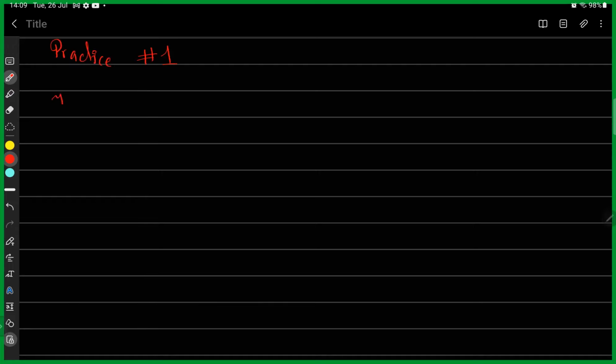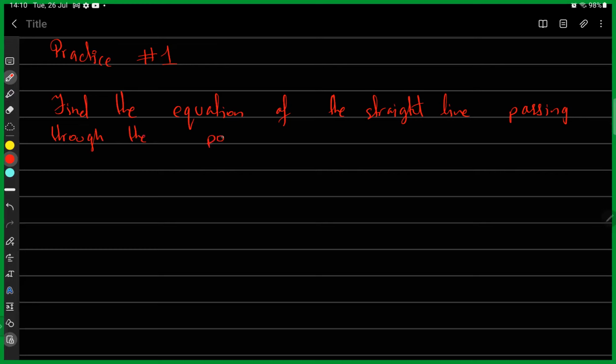Find the equation of the straight line passing through the points (-4, 3) and (6, -2).